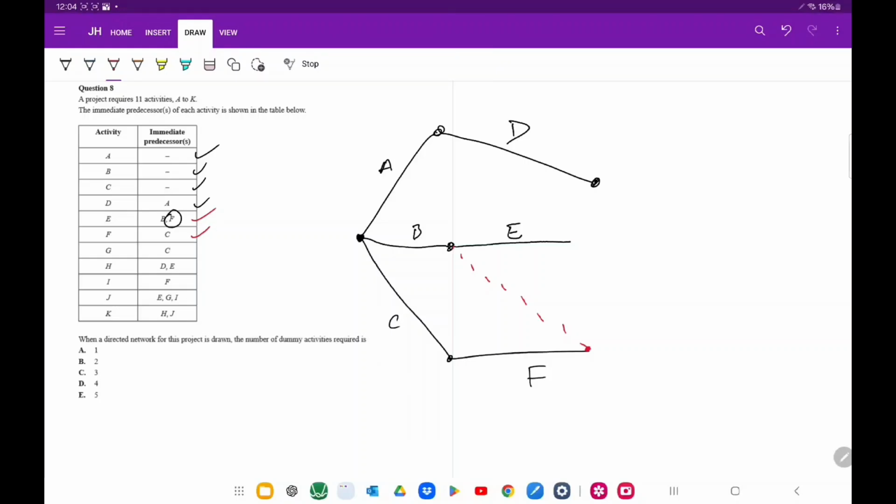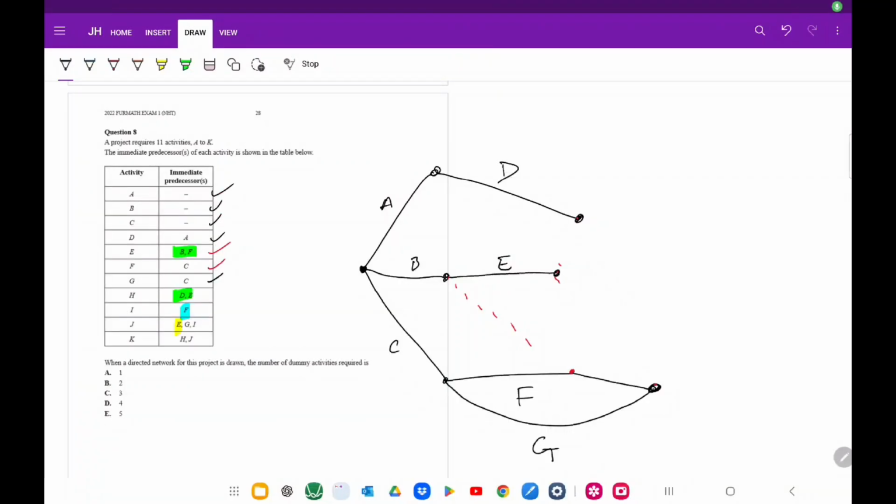Now G also has a predecessor of C in this case. I'll write that down. Okay, now from here let's look at H. H has a predecessor of D and E. So D and E, okay, so H will need to be some sort of path here.